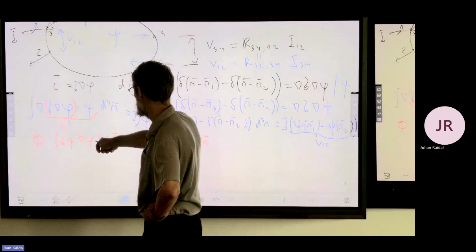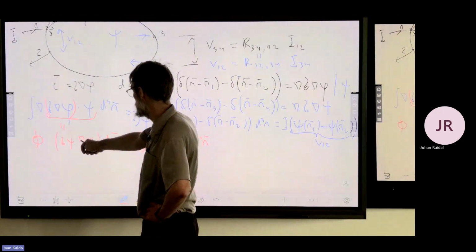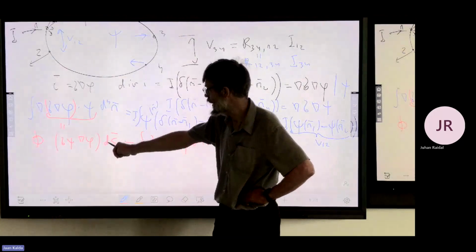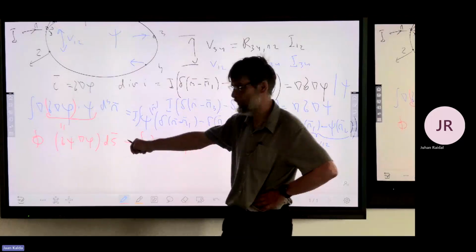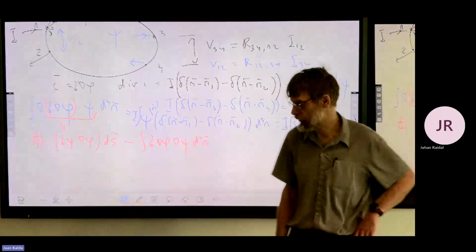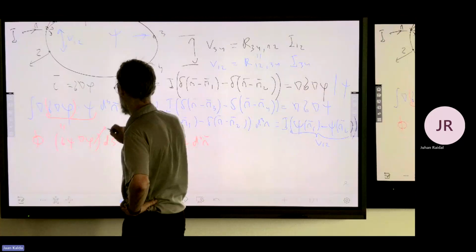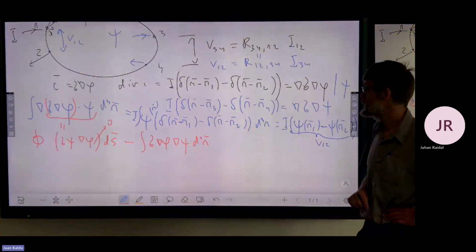So what do we have here? Sigma gradient of phi is current, but current cannot have a component perpendicular to the surface element. So this cross product is actually zero, right? That's a boundary. So this goes away.